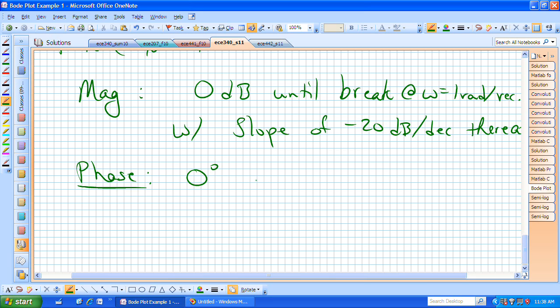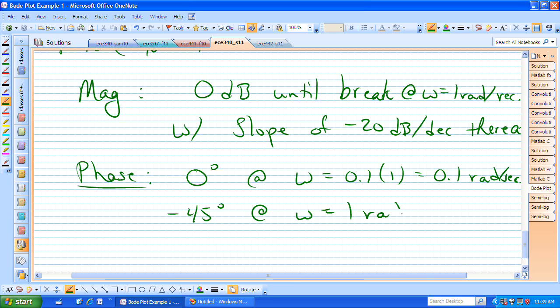Using those conditions, the phase of this particular factor will be 0 degrees with omega a decade below the break, which is at 0.1 radians per second, a decade before the break, which was at 1 radian per second. Because it's a pole downstairs, we will be at minus 45 degrees right at the break frequency.